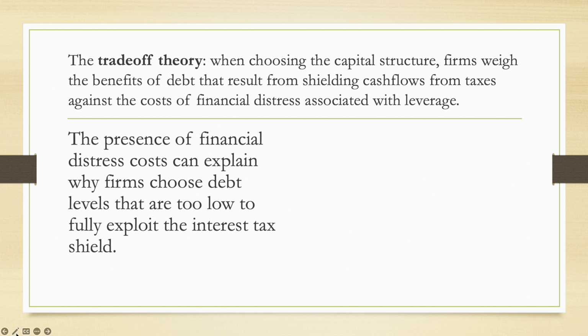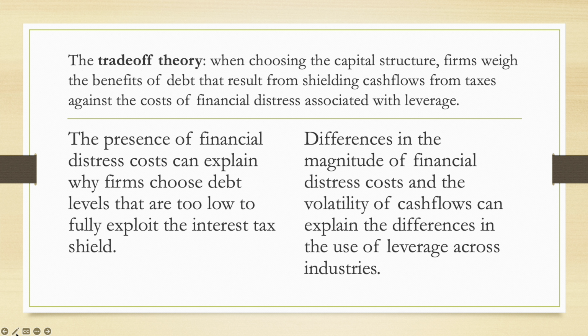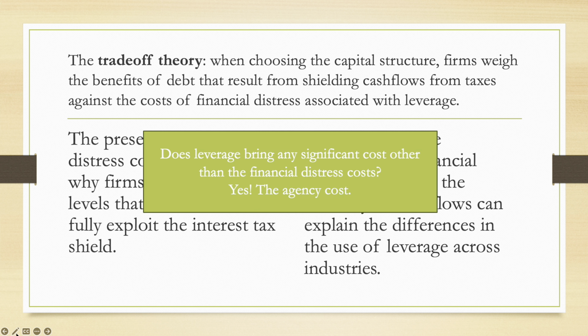The presence of financial distress costs can explain why firms choose debt levels that are too low to fully exploit the interest tax shield. Differences in the magnitude of financial distress costs and the volatility of cash flows can explain the differences in the use of leverage across industries.